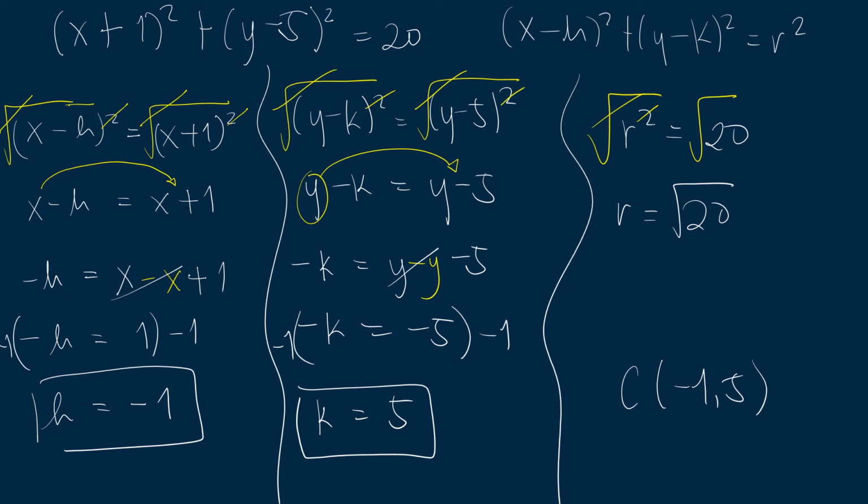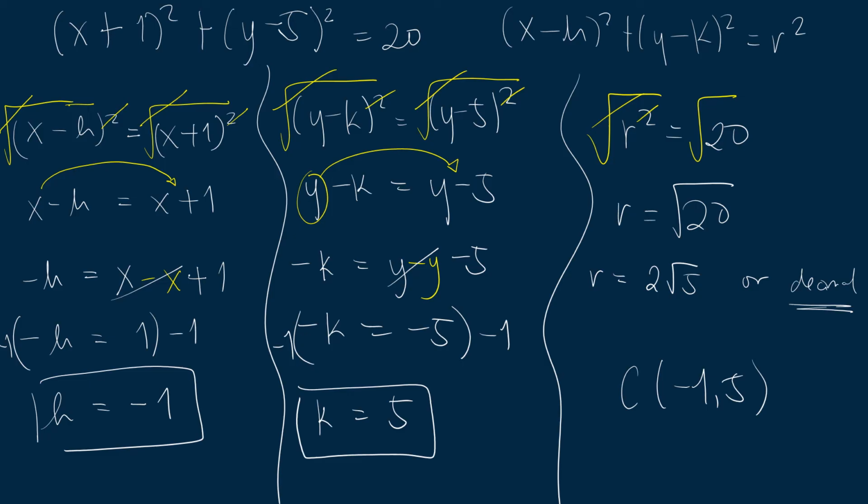You can use your calculators or you can solve this manually, since you have tackled already how to simplify the radical of certain numbers during your Grade 9. So the square root of 20 has factors of 4 and 5, and the square root of 4 is 2. So r here is 2√5, or you can write it in decimal format.